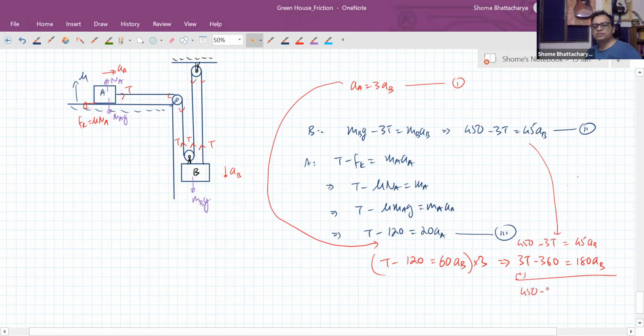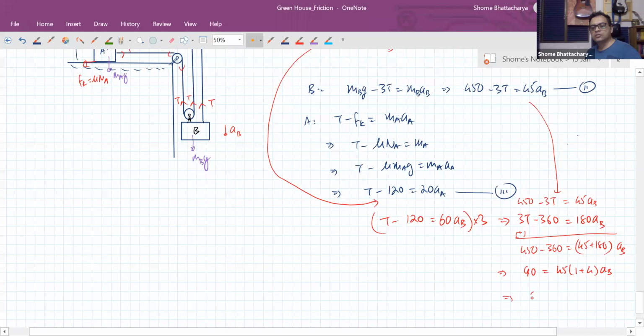So 450 minus 360 is 45 plus 180 times acceleration of B. So 90 will become equal to, now here we can take 45 common, so 1 plus 4 times acceleration of B. So acceleration of B will become 2 by 5, or 0.4 meters per second square, and acceleration of A will be 3 times AB.